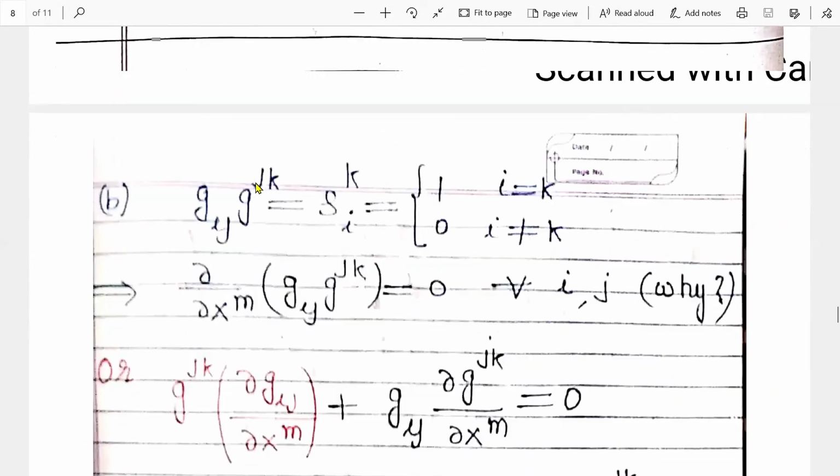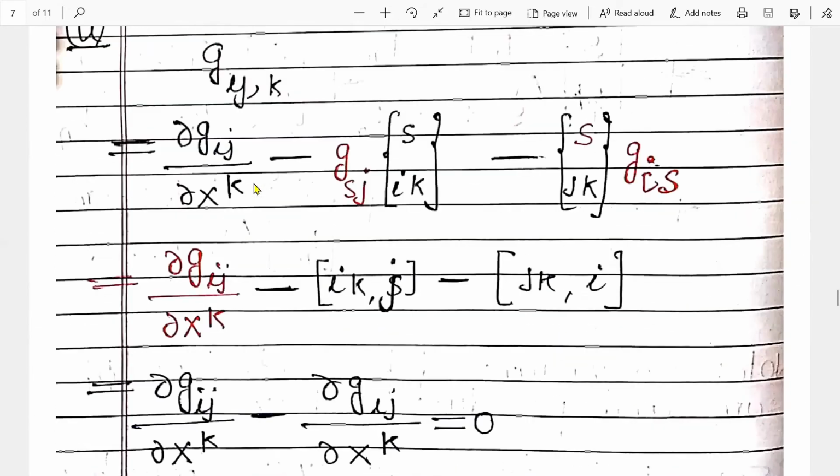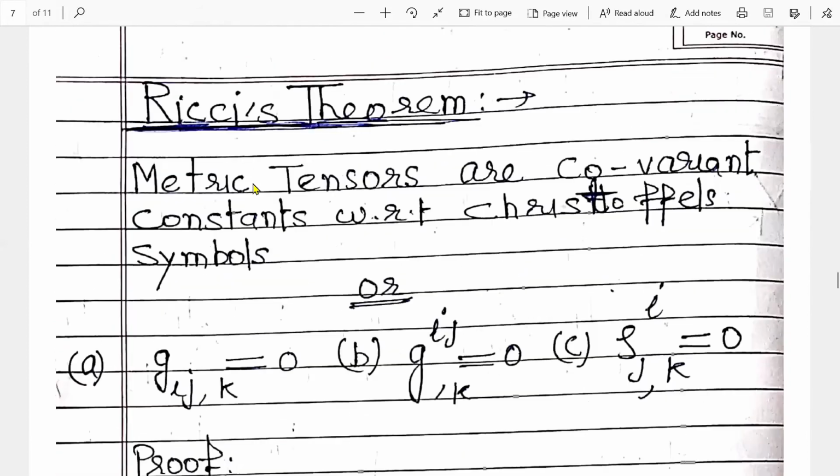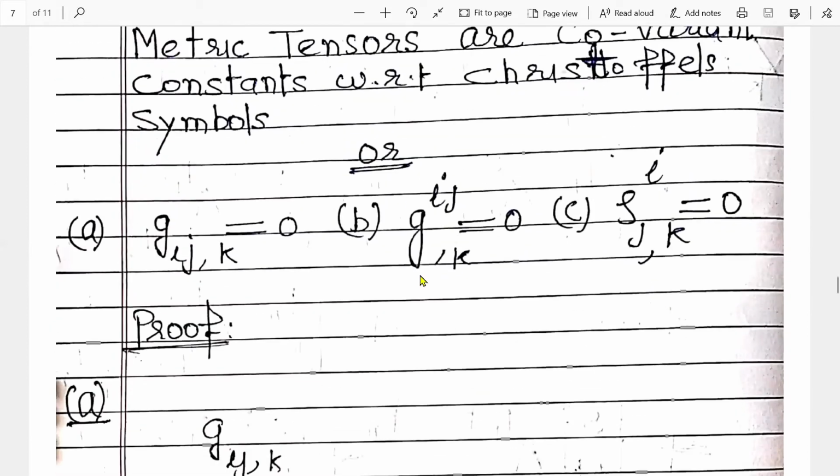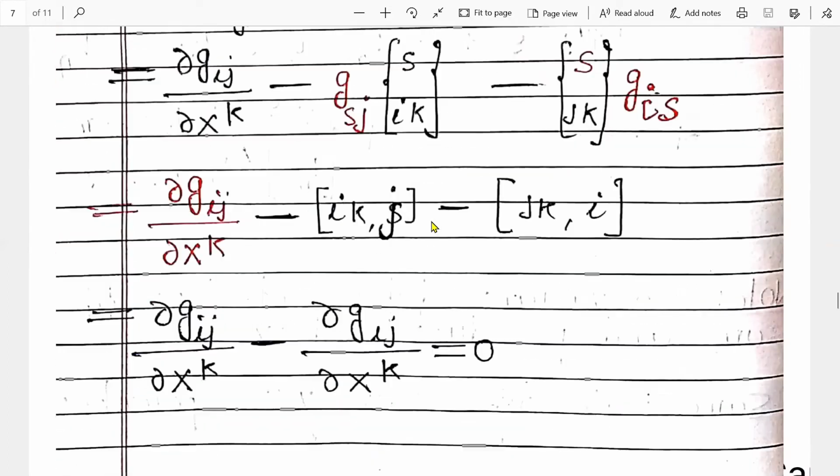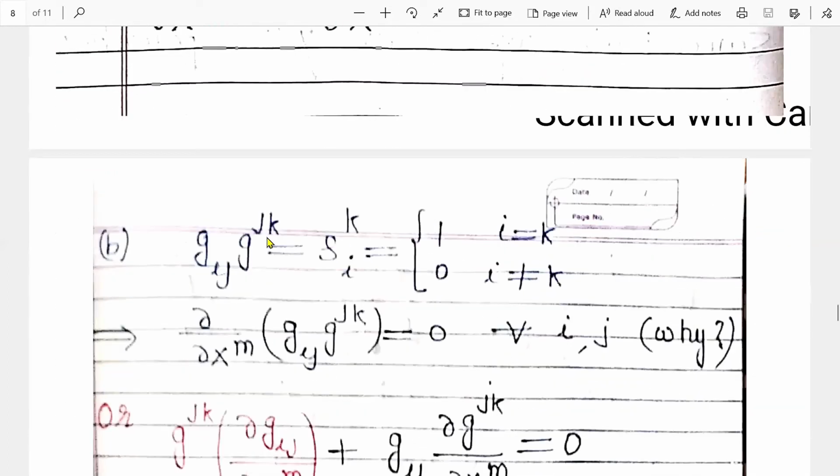Now second part. In the second part, our purpose is the covariant derivative of the reciprocal tensor. Now in this case, which is g^ij comma k, in order to find this, we know the definition of Kronecker delta, which involves covariant tensor and contravariant.